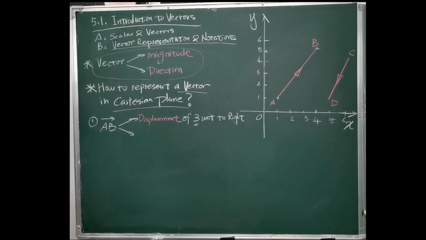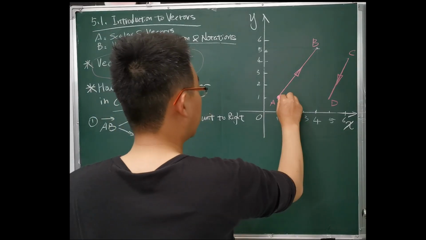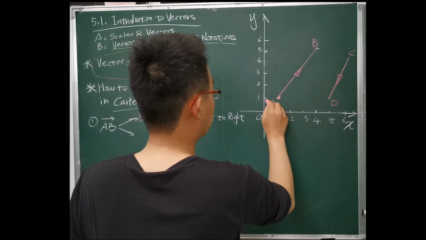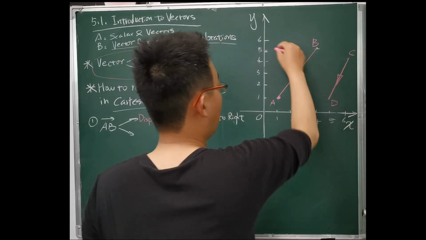Let's look at this. The original coordinate of A is (1, 1), and B is (4, 1).